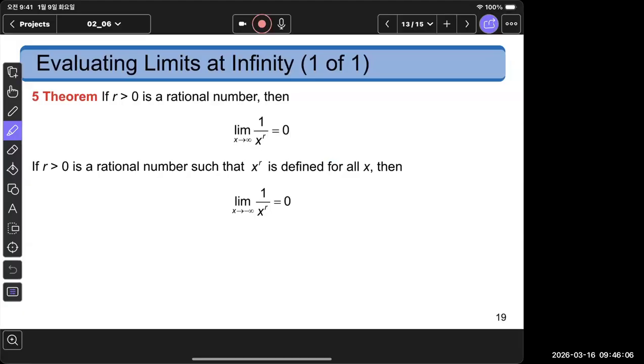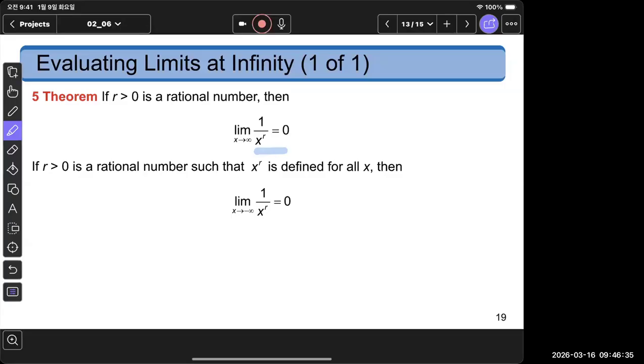So we have the following theorem. If r is a positive rational number, then the limit of 1 over x to the r will be 0. That can be easily proved. That means the numerator is fixed as a constant value 1, and the denominator is increasing in absolute value, in magnitude, without bound.